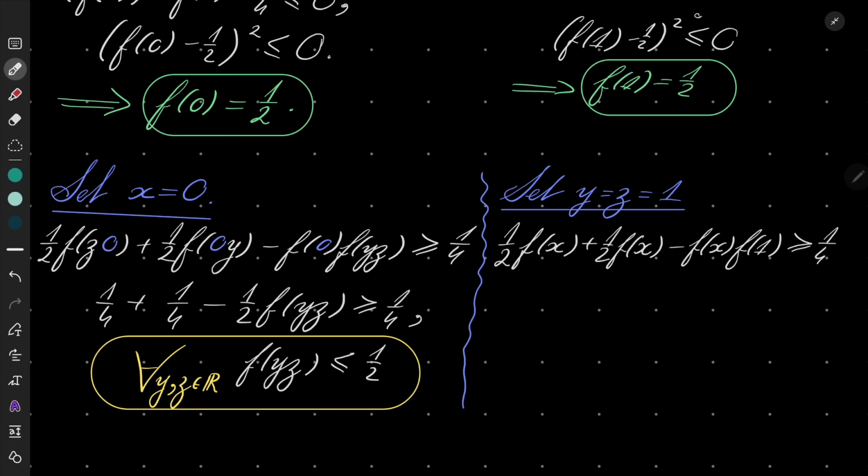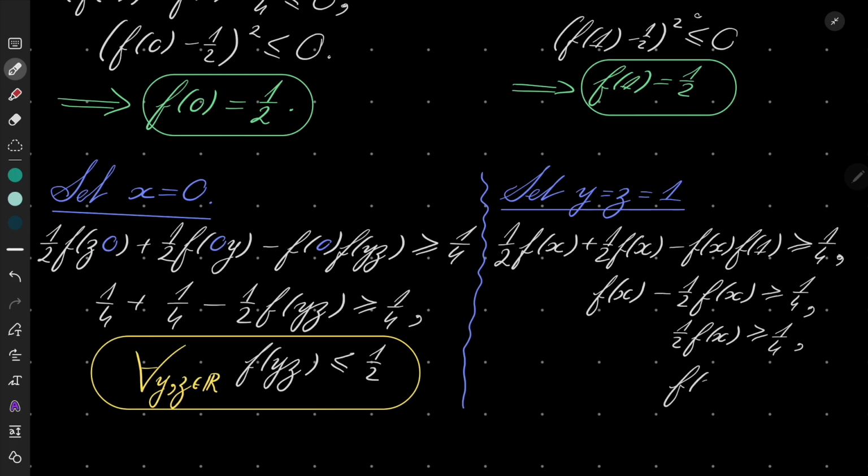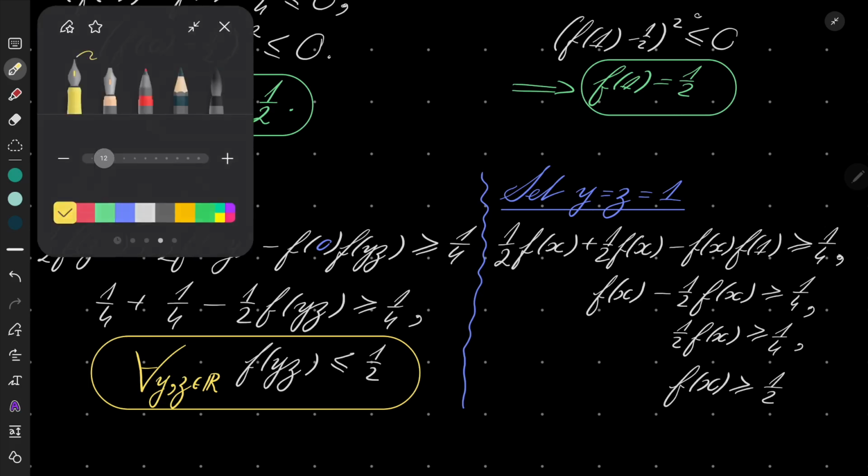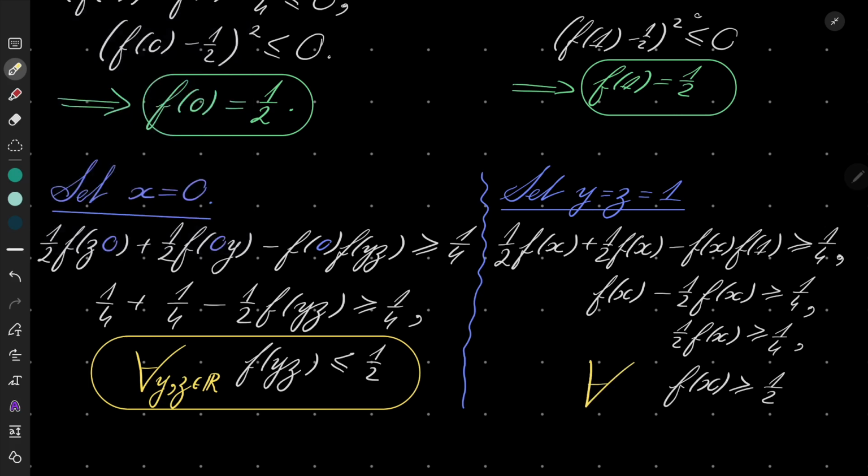And what do we see? Well, here we have f(x). f(1) is 1/2. So it's 1/2 f(x) greater than or equal to 1/4, which of course means that f(x) is greater than or equal to 1/2. And that is true for every real number x.